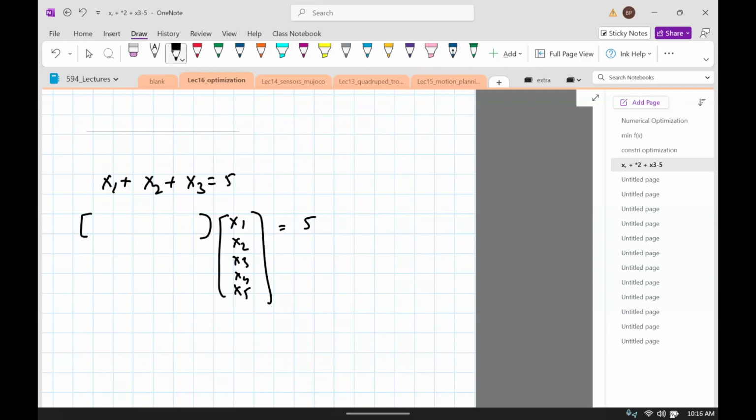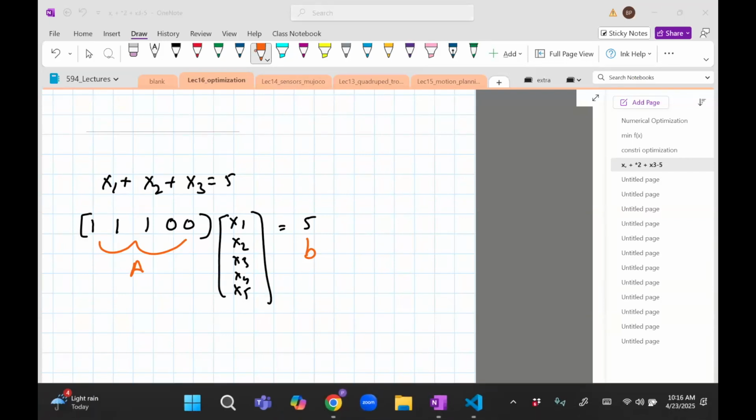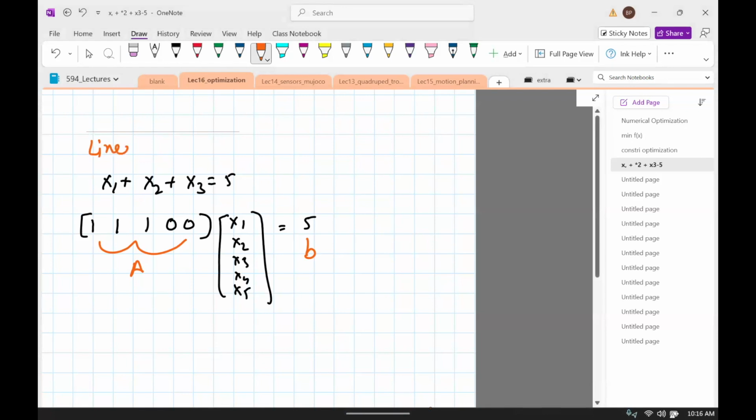And then there is a matrix, a row vector, which multiplies with this to give 5. So 1 times x1, 1 times x2, 1 times x3, and 0, 0. So this is what SciPy requires you to give. This is A, and it needs you to give B. So if you go back to the code, the linear constraints are always specified this way. This is only for linear, not for the nonlinear.